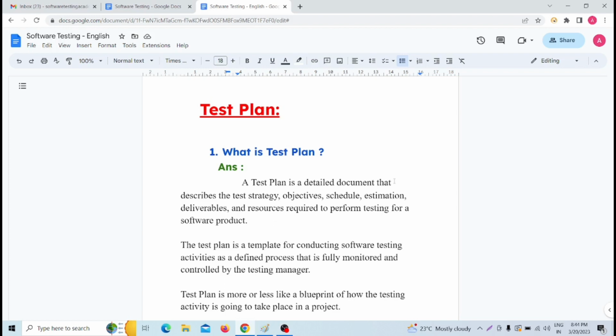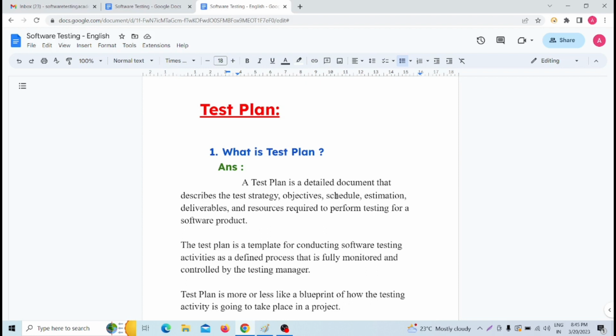Basically, a test plan is a detailed document, in which we update the detailed things. That's why a test plan is a detailed document that describes the test strategy, the testing objectives, the schedule, the estimation, the test deliverables, and the resources required to perform testing for a software product.